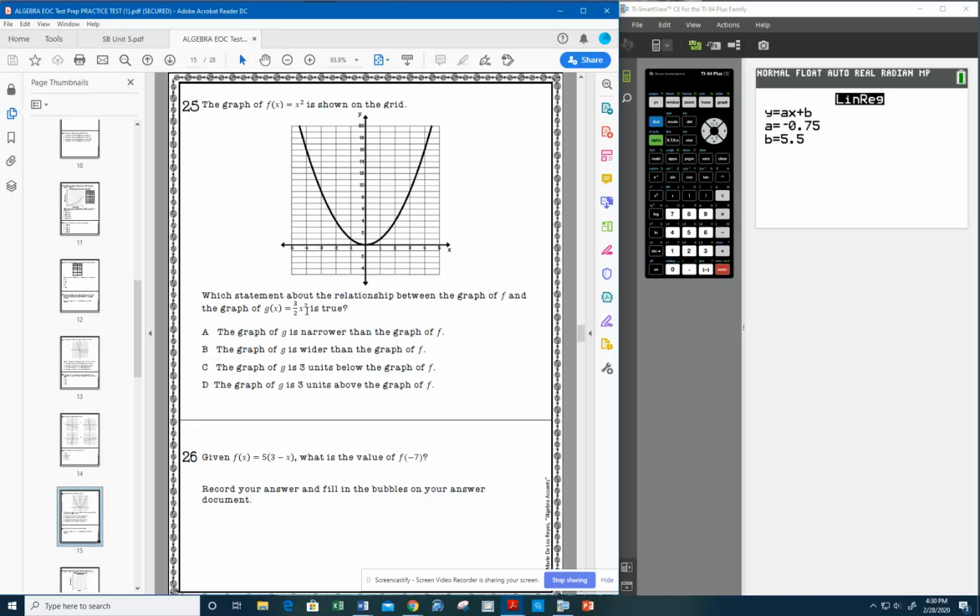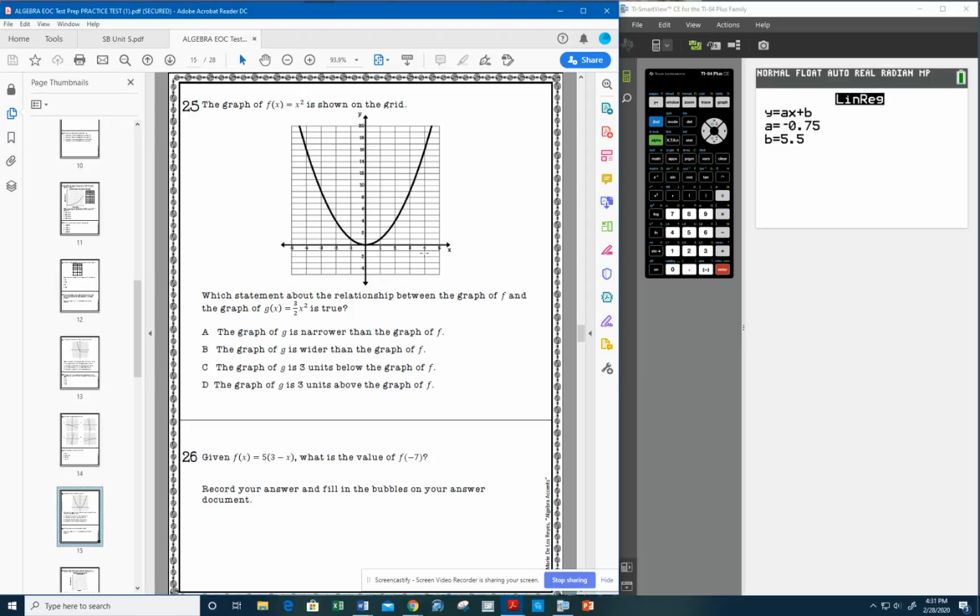You could type this in the calculator. This is one that you could put in y1 and y2 and look at the graph. Okay, you don't have to graph it yourself. Okay, but this is a transformation question. It's still a key feature. What happens to that quadratic when we put the 3/2 times x squared?